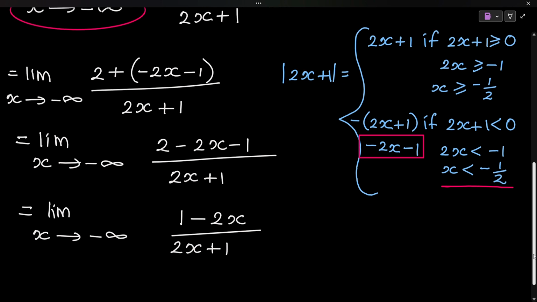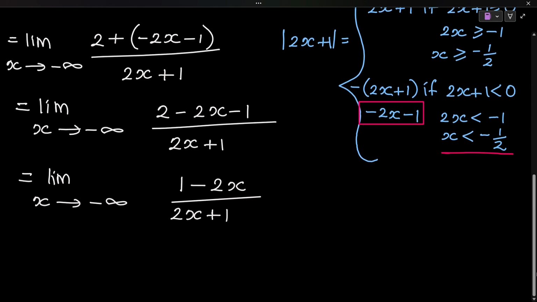Okay, so now that we have replaced the absolute value with the appropriate part of what it was equal to, we are now going to work with this by just following the basic rules of limits at infinity, which tells us that we are going to work with x with the highest exponent from the denominator.